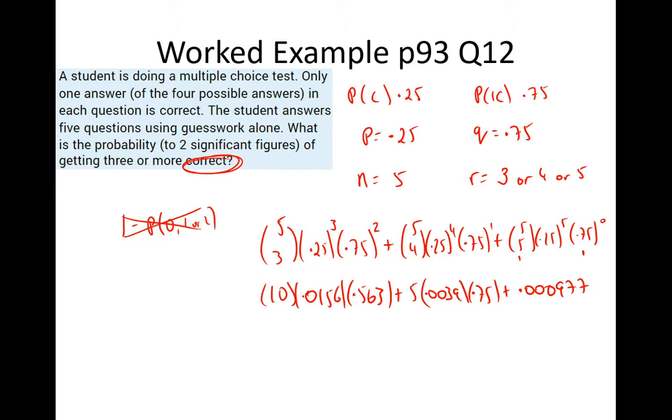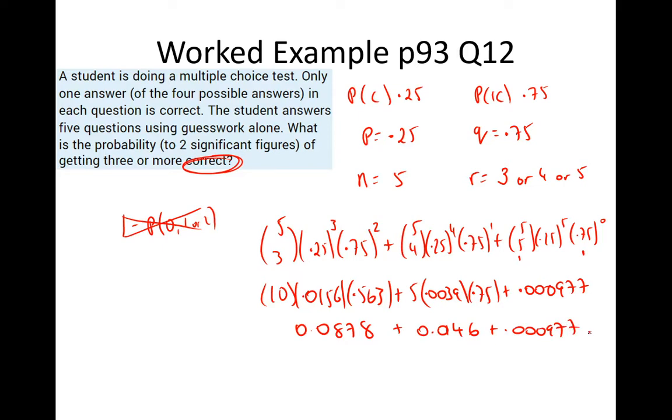Okay, so let's work out each of these. First one, 10 times 0.0156 times 0.563. So that comes out as 0.0878. 5 times 0.0039 times 0.75, and that comes out as 0.0146, and lastly 0.000977.